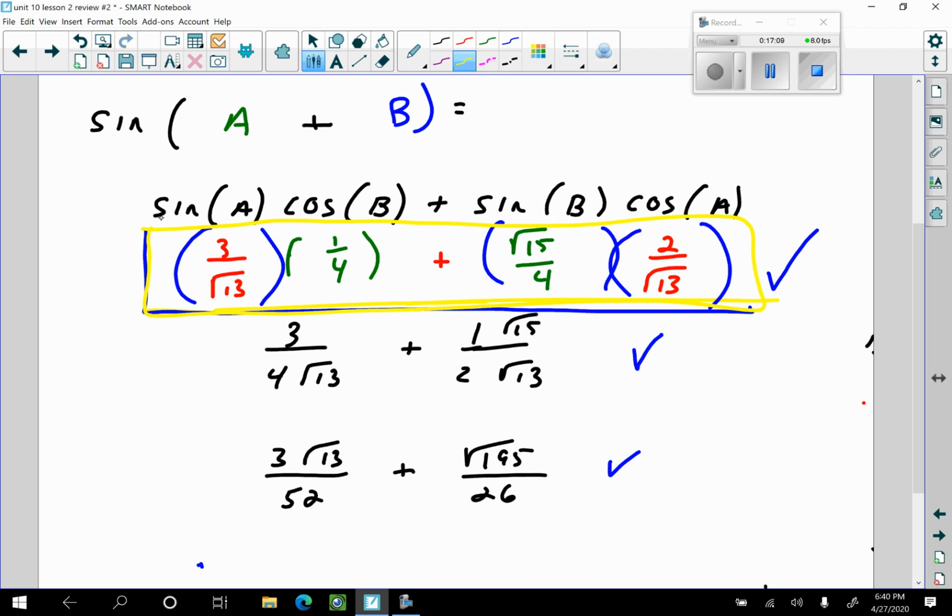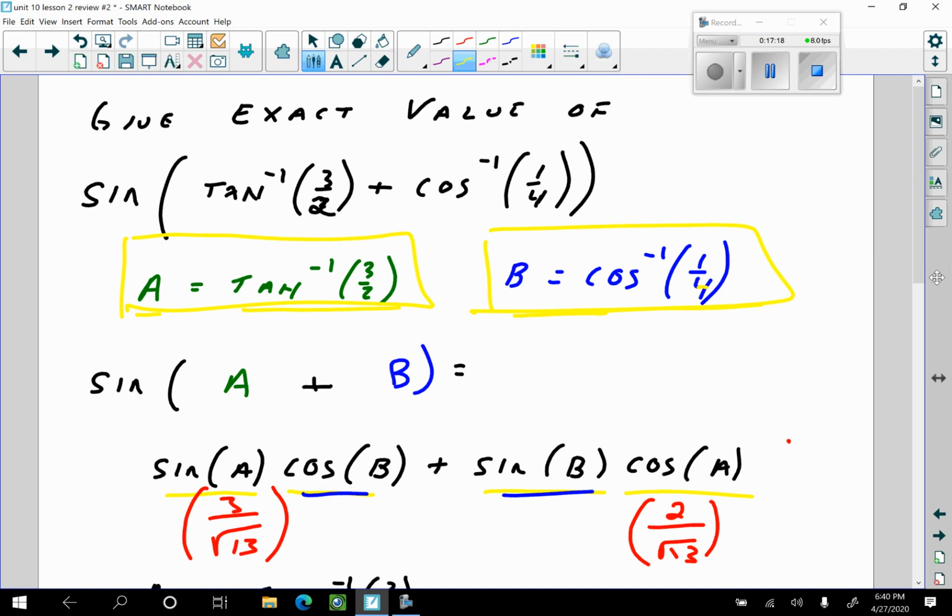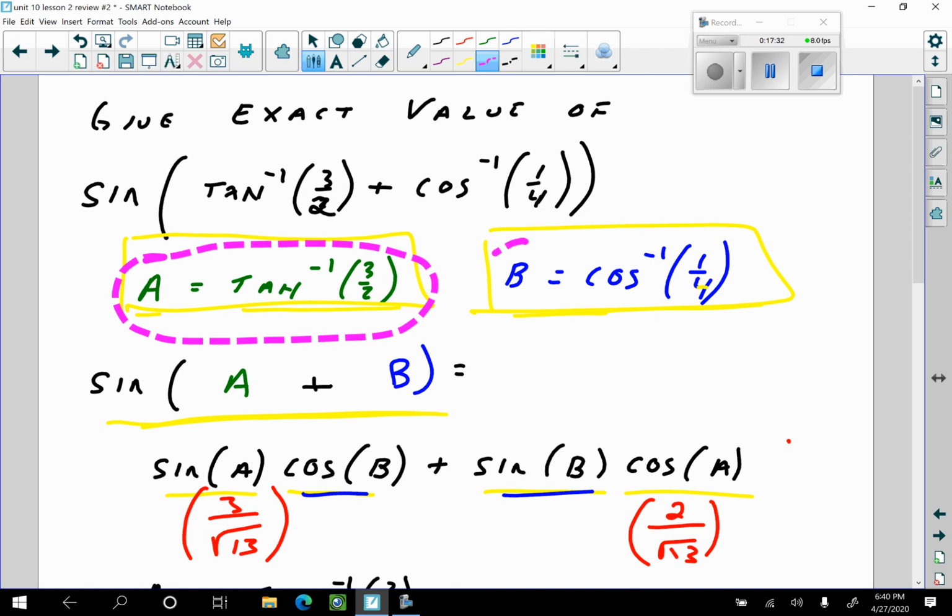And again, on this particular problem, the final answer isn't important. What's important is that you know the formula. You know you're going to have to use the sum formula for sine in A and B. And what else is important? You need to know that this is an angle. A is an angle.